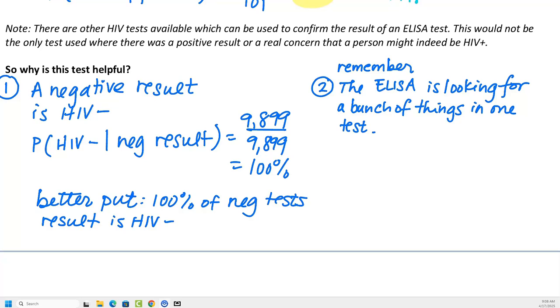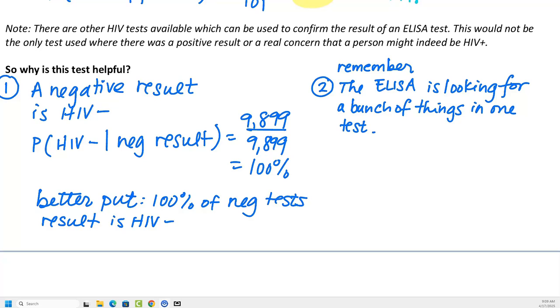Okay, so think about it, right? I think they even said pregnancy was one of them. So if a woman is going in and they want to test for pregnancy, and she thinks she's pregnant, they want to test that. And then while they're doing that, they can test other things, including HIV. HIV is blood-borne, that's how it transfers, right? So obviously that would be a concern for someone who is pregnant.